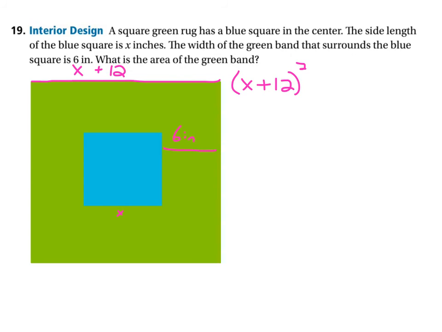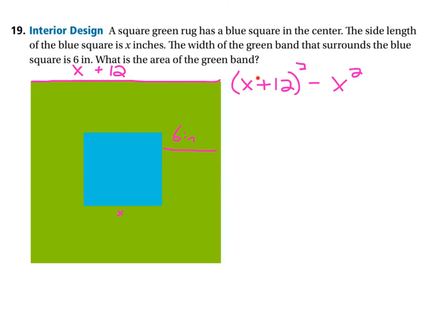So that would get us the area of that. But what we need to subtract away is the area of the blue. And what's the area of the blue? Well, it is the length times width, or the side length squared. And since the side length is x, it's x squared. So we're going to have to subtract away x squared, the area of the blue, in order to find out what's the green. So we're going to do our trick.